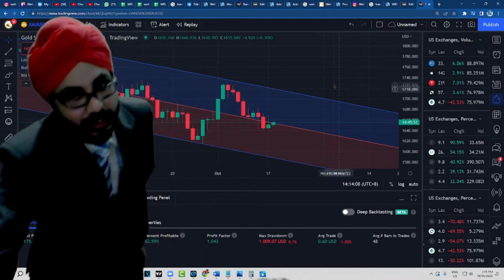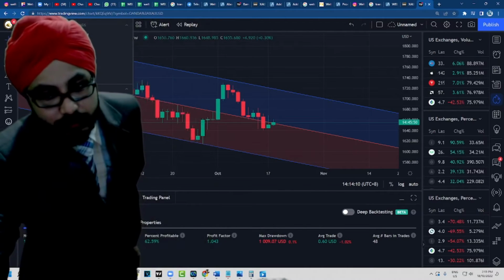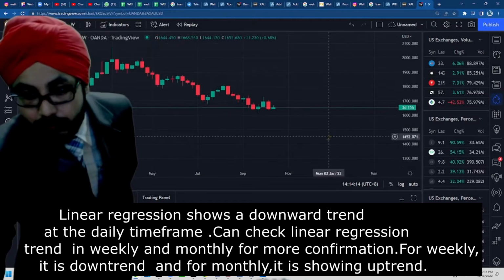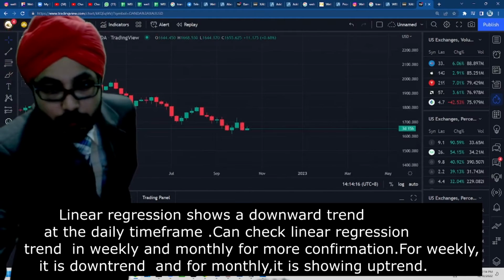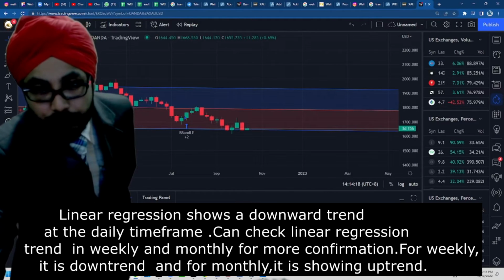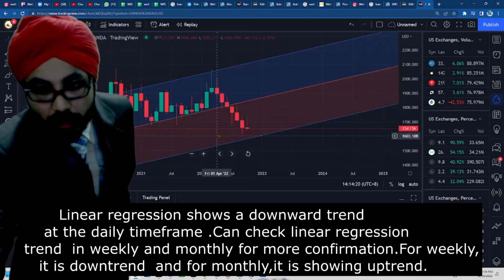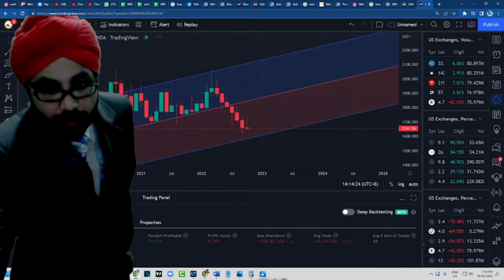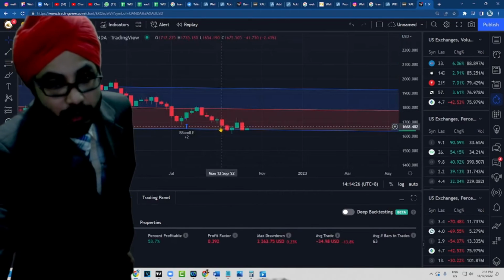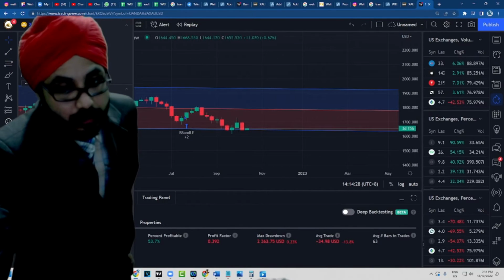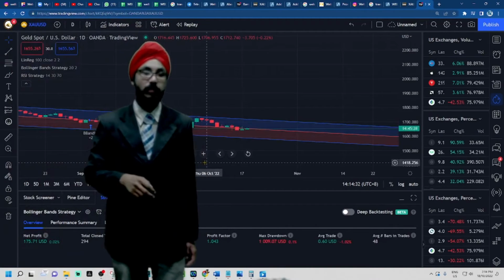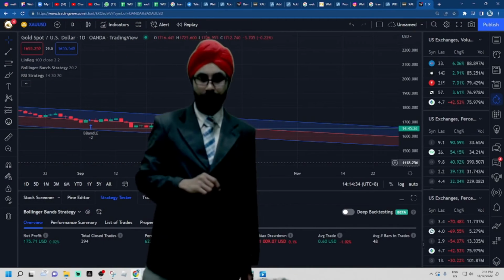We can also check with higher time frames such as weekly and also 1 month. For our 1 month is a strong uptrend, and for our weekly is a slight downtrend. As we can see, there are 2 time frames that are supporting more towards downtrend.